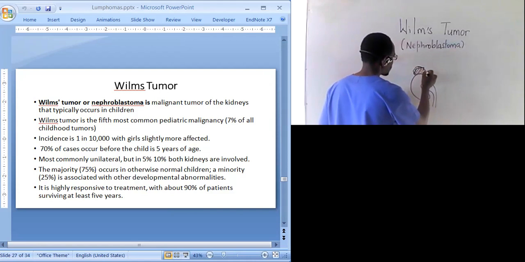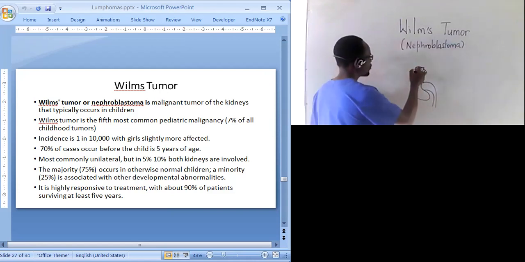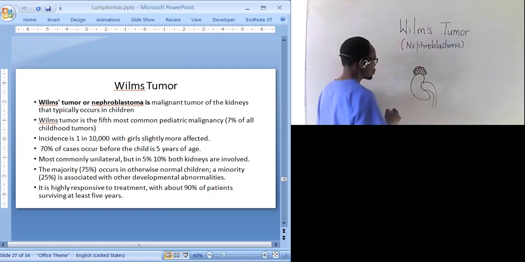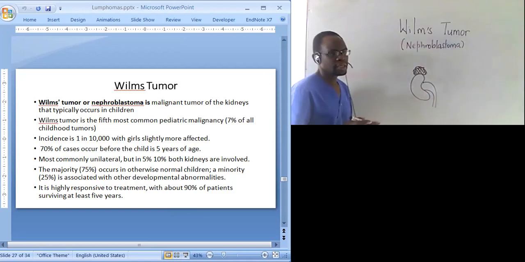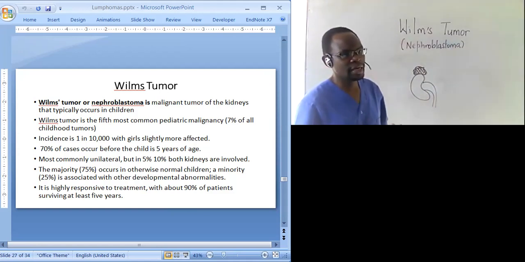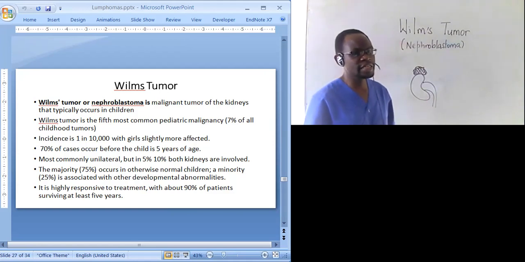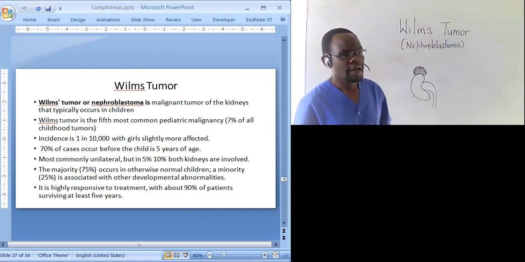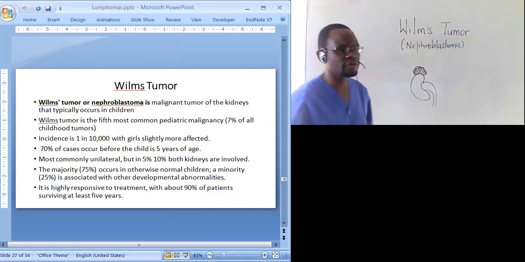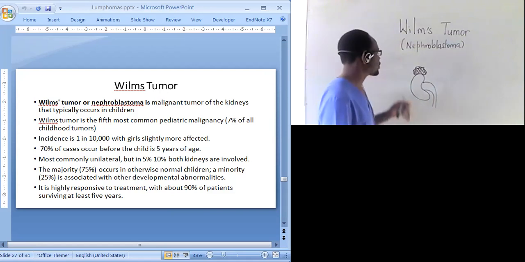You can have the tumor there. It is a malignant tumor and typically occurs in children, and it is one of the commonest pediatric malignancies.